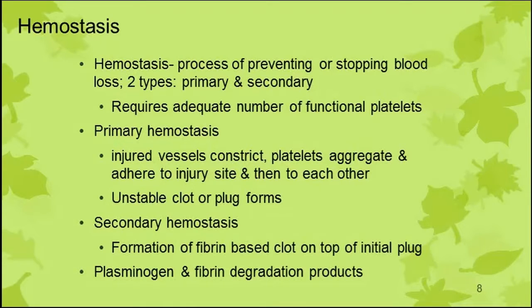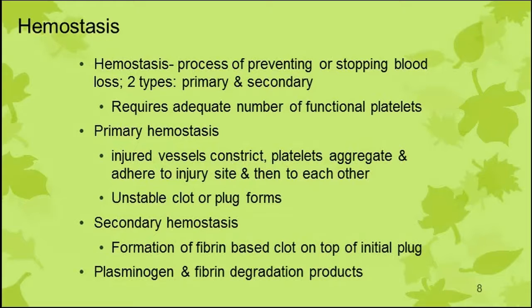Primary hemostasis is, like I talked about before, whenever there's an injured vessel, platelets are dispersed there. We get that initial platelet plug. It's a very unstable clot. It is not meant for long-term hemostasis.